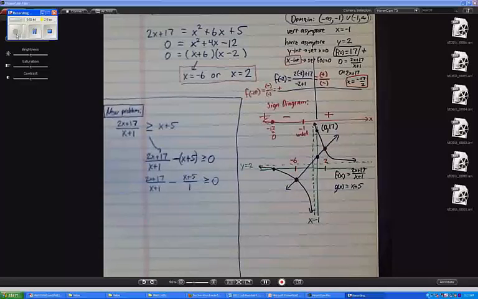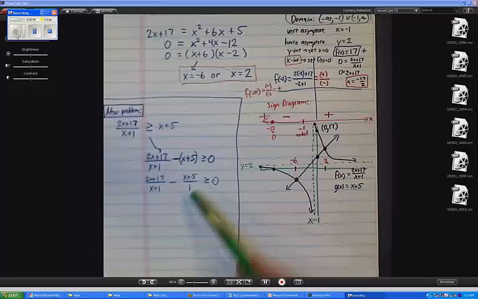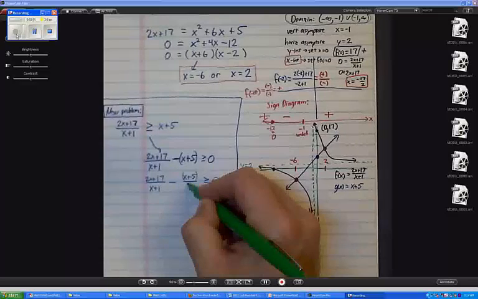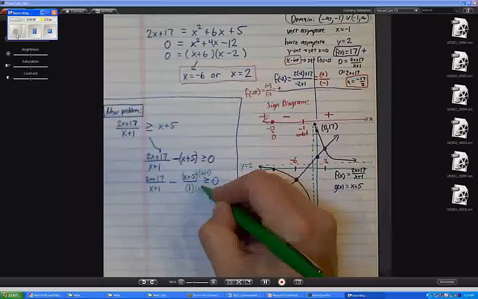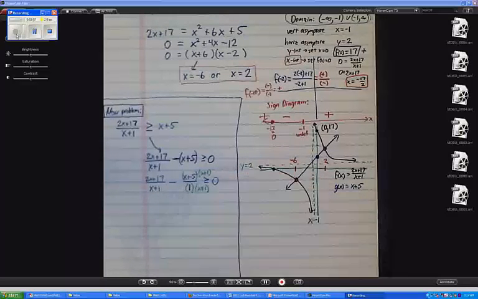Now, am I allowed to subtract these fractions? Why not? You need to have a common denominator. But you can get a common denominator. All I have to do is multiply top and bottom of this inequality by what? X plus 1. So let's do that. Let's multiply the top and bottom of this inequality by x plus 1.